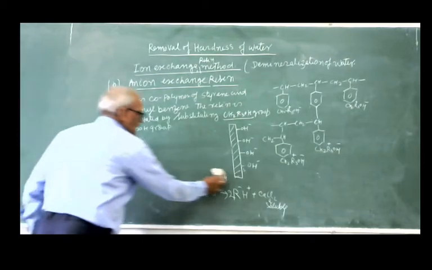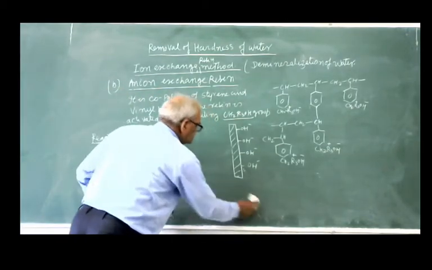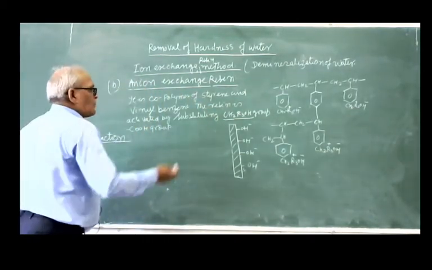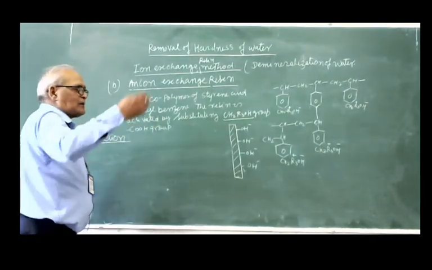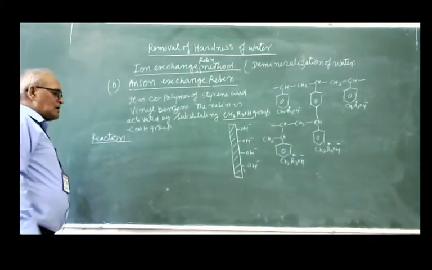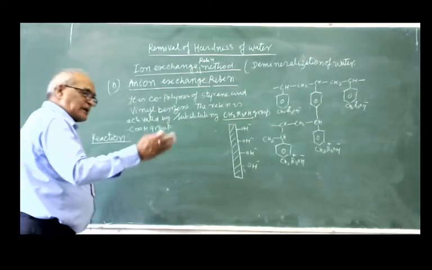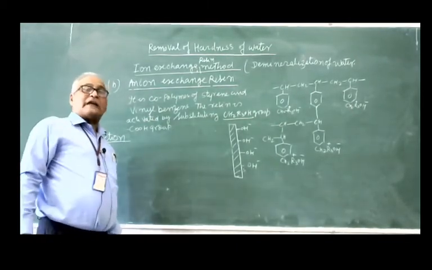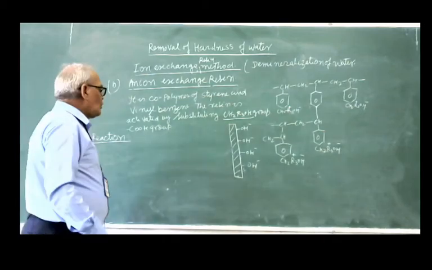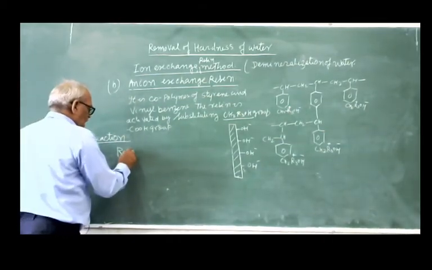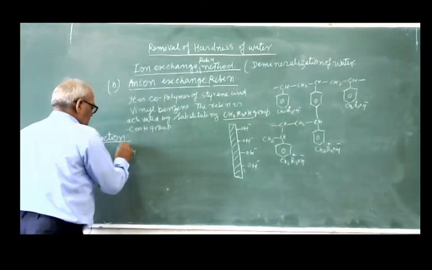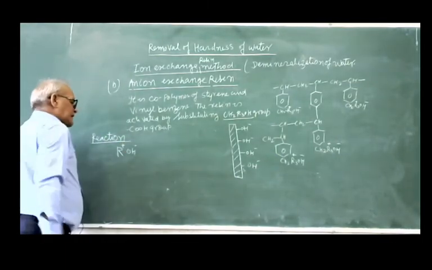So just see here. Suppose there are chloride, sulfate, and bicarbonate ions present in the water after removal of the cations like calcium and magnesium ion. So what happens? This is the ROH. This is the positive, this is the negative.